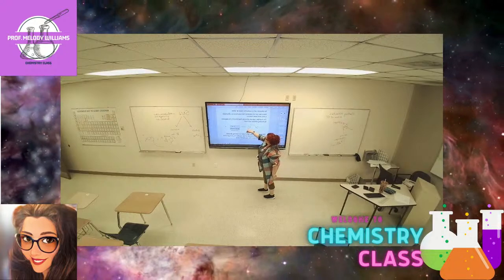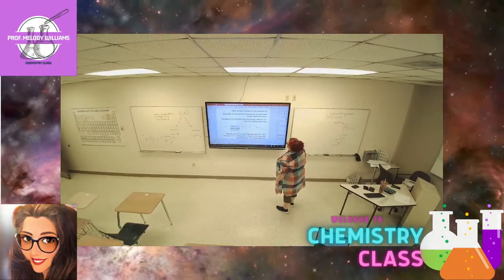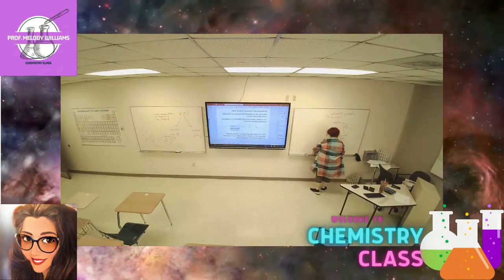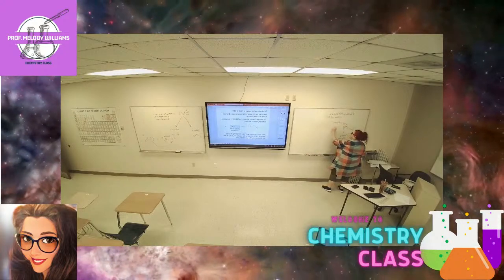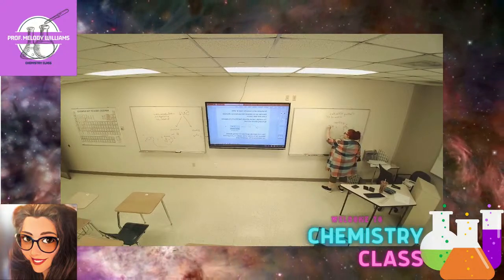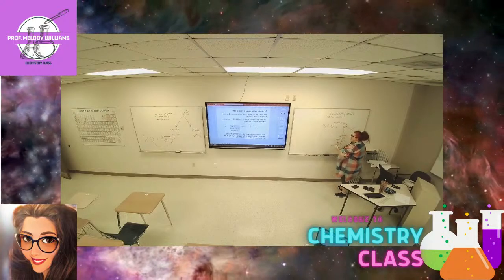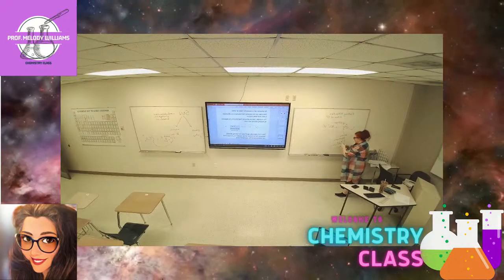Now, if you have something like this floating around, you've got NaH, sodium with a hydrogen on it. Hydrogen can have a negative charge. It's not going to be very happy with that.